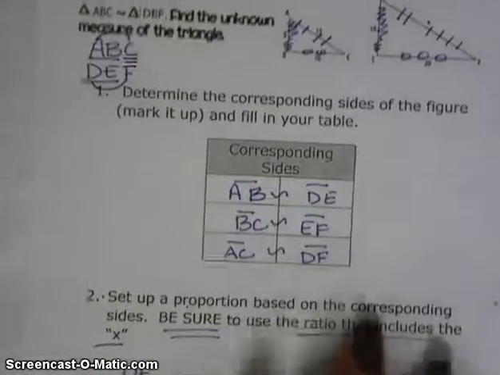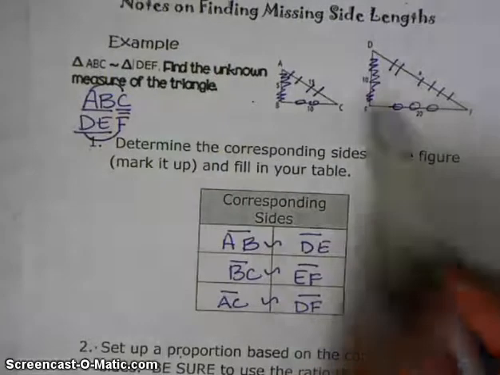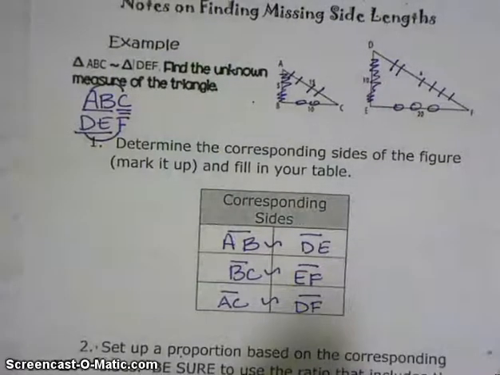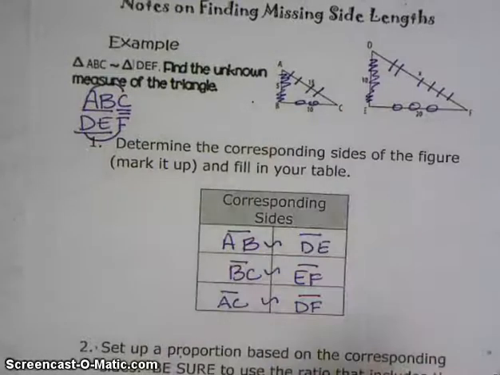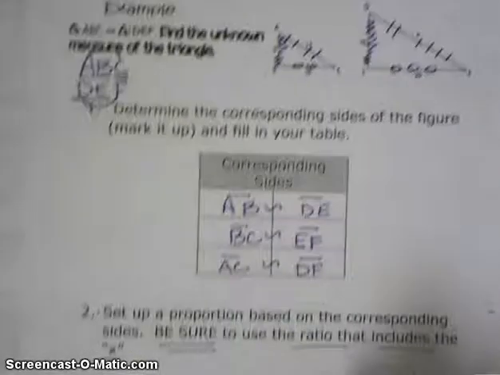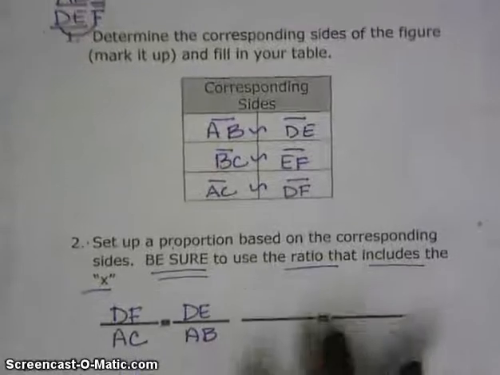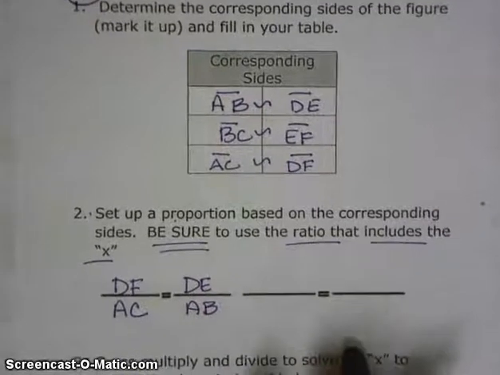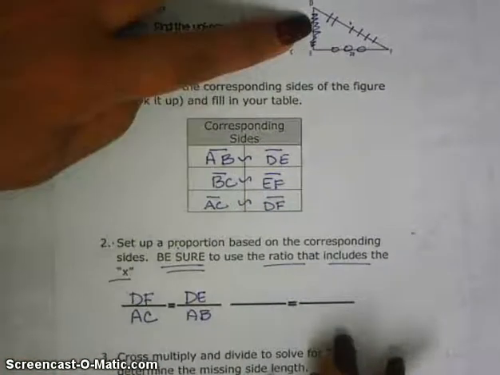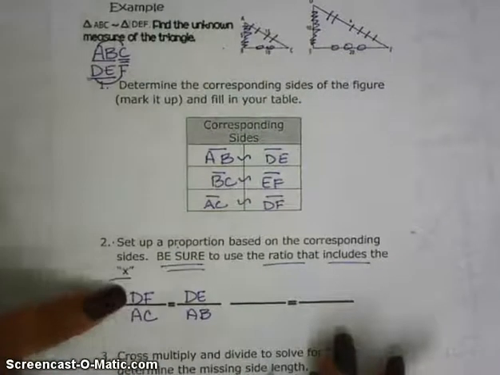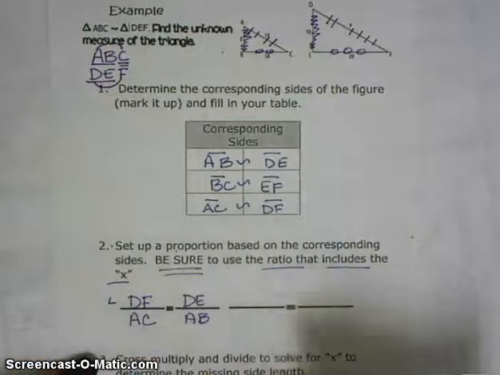And then I'm going to take another pair of corresponding sides. I'm going to go ahead and take DE, which is the squiggly, over AB. Okay, so I took DE over AB. Now, one thing you have to be very careful and make sure that you do is that I started with the large triangle. My numerator came from the large triangle. Okay, so I'm going to put a little L, the large triangle.